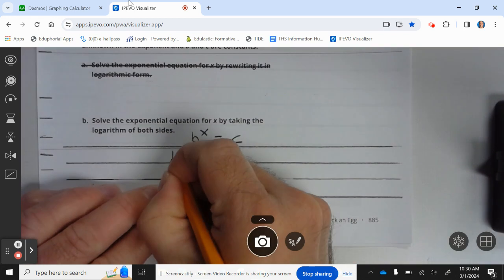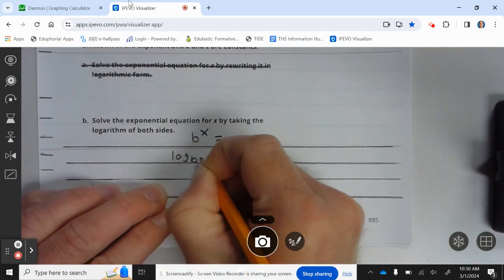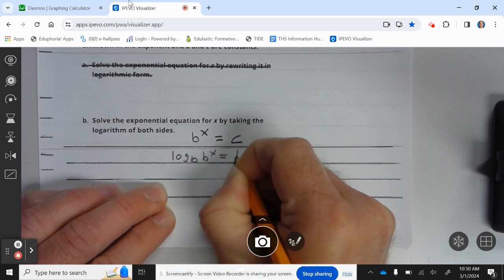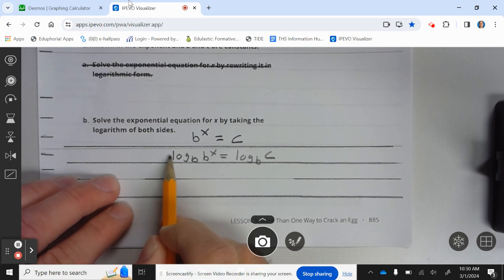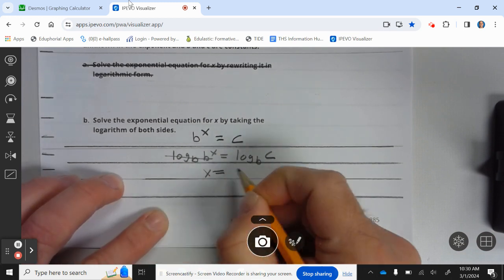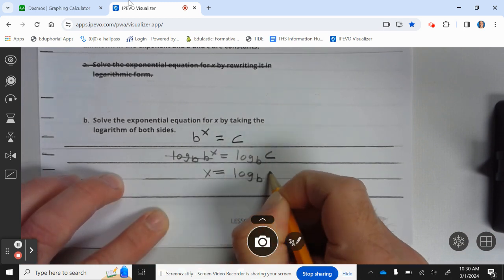So we're going to take log base b of both sides. Well, that cancels. You're left with x equals log base b of c.